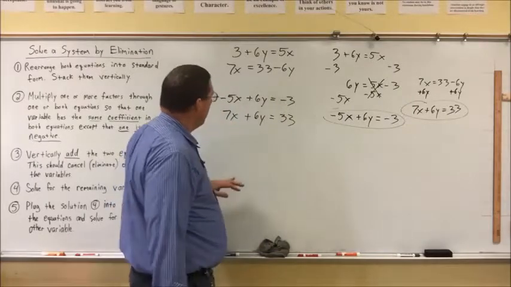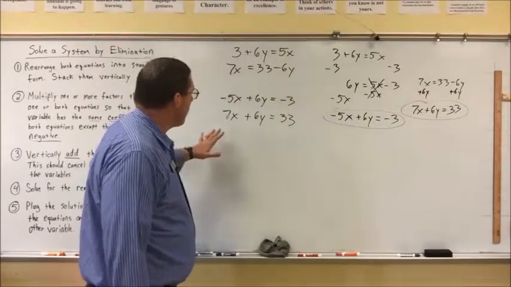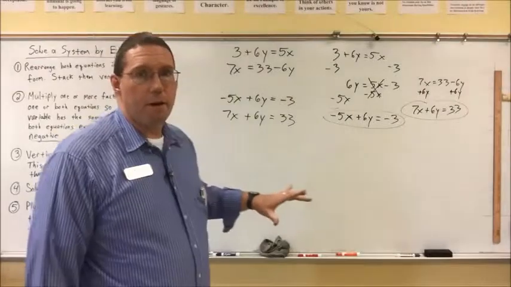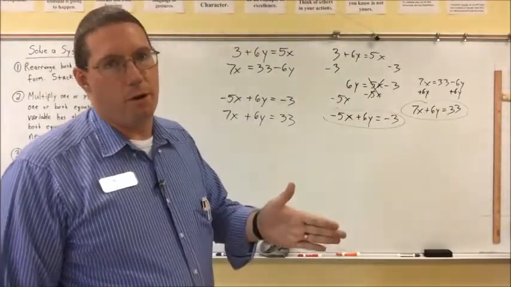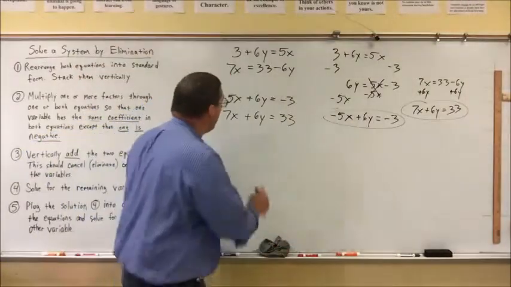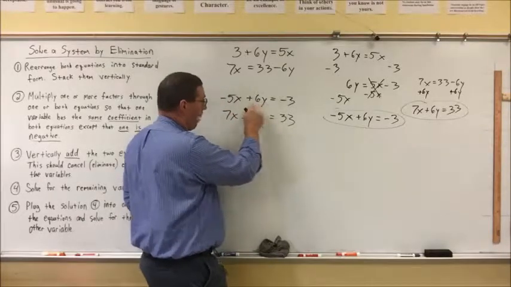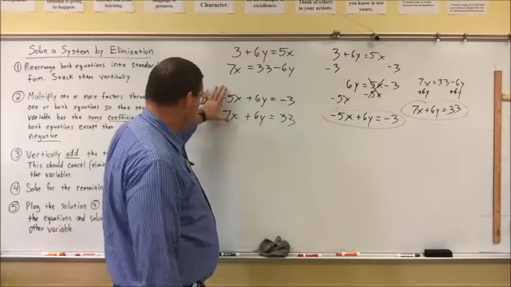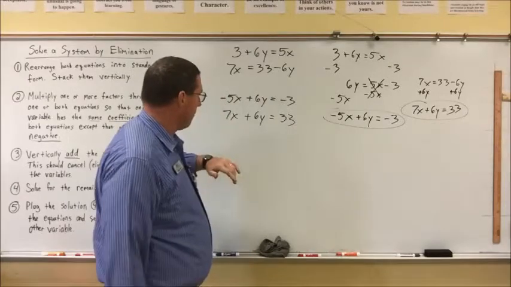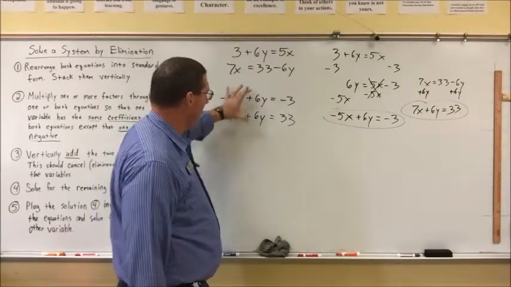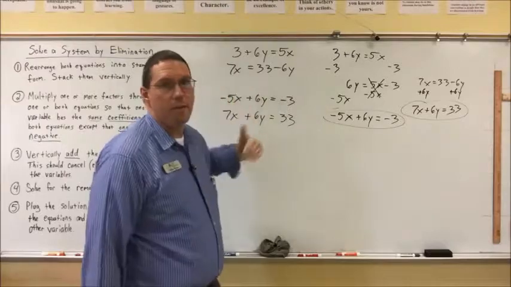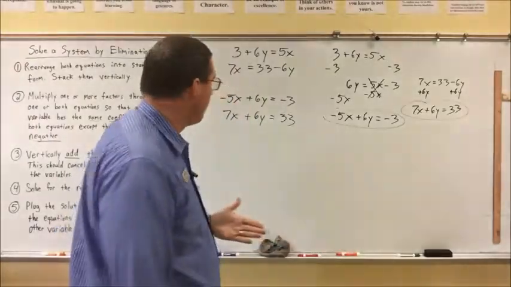And now, step 2 says I need one of the variables to have the same number in front of it. Well, look, I do. Y has a 6 in front of it, and this y also has a 6 in front of it. Now the x, one of them has a 5 and one of them has a 7, so I don't want to mess with that right now. Let's go to the one that already has the same number in front of it.